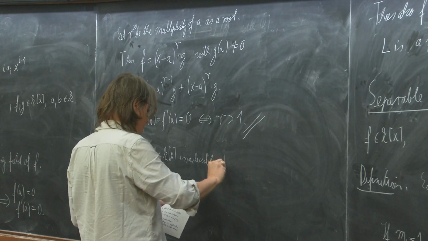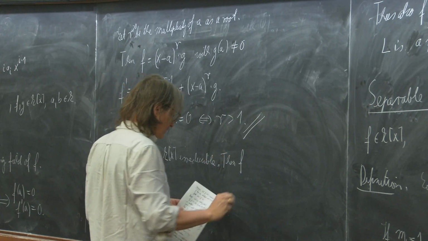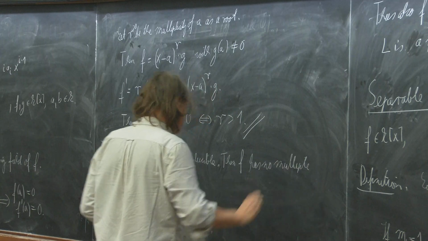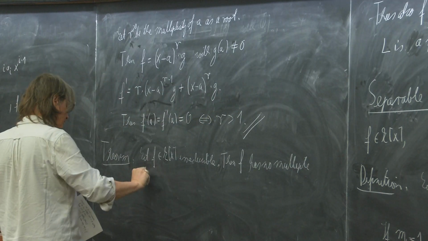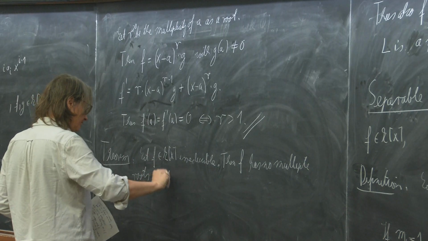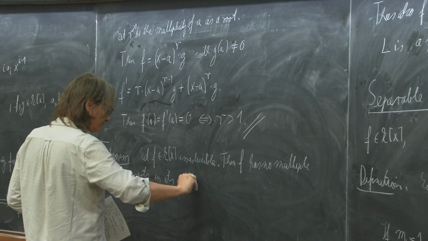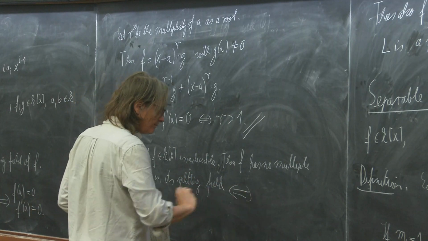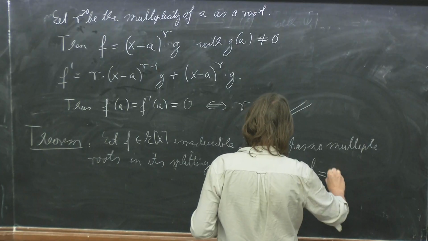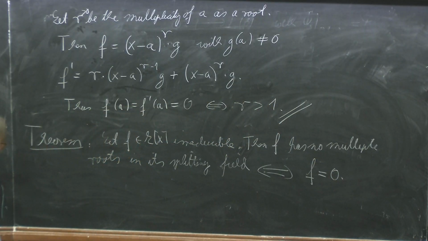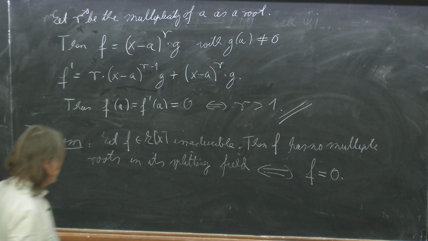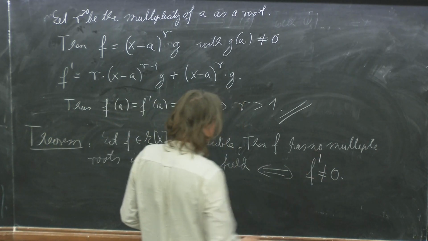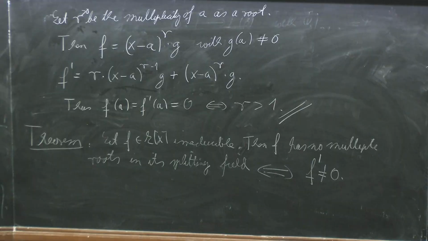Then f has no multiple roots in its splitting field if and only if f is not the 0 polynomial, the constant polynomial 0. So f prime is not 0. That's what I mean.